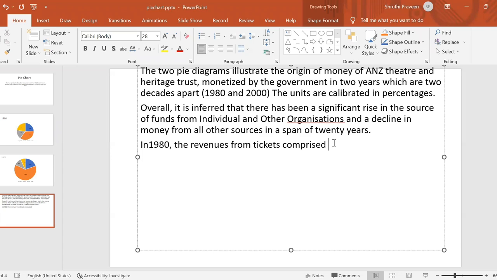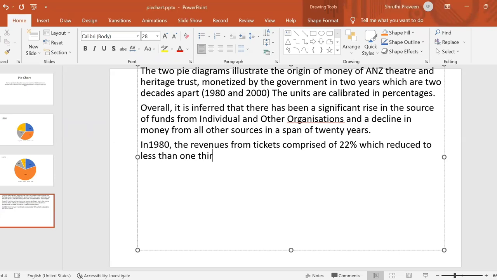Okay. So in 1980, the revenues from tickets comprised of 22%, which reduced to less than one third, because 22 has become 7%, which is less than one third.